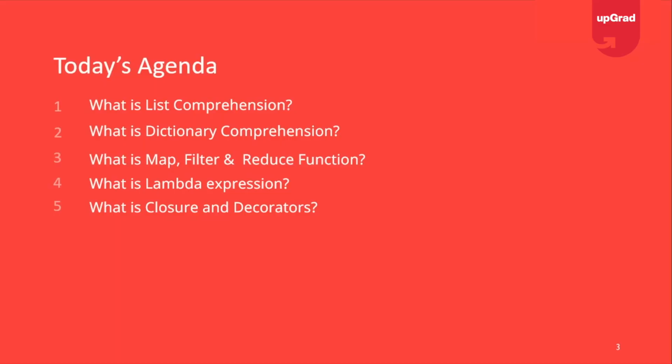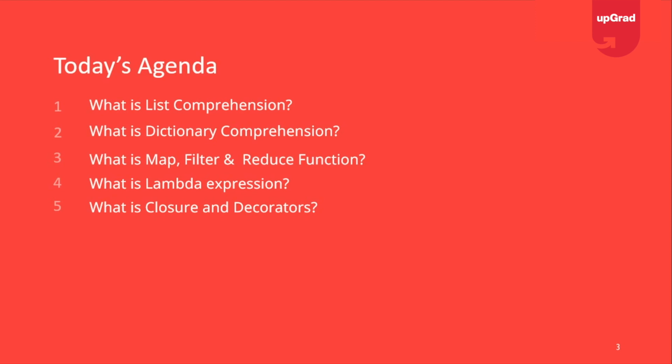So let us discuss the agenda first of all. Today's session is dedicated to simplifying the code and enhancing code readability. For achieving code readability, we have to learn some important concepts of Python, such as list and dictionary comprehension.